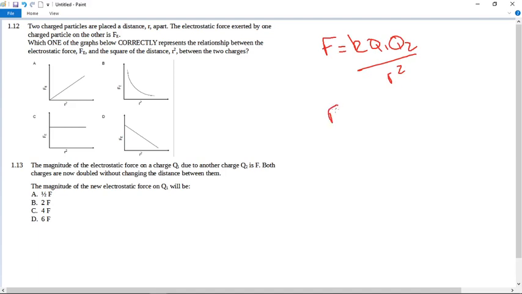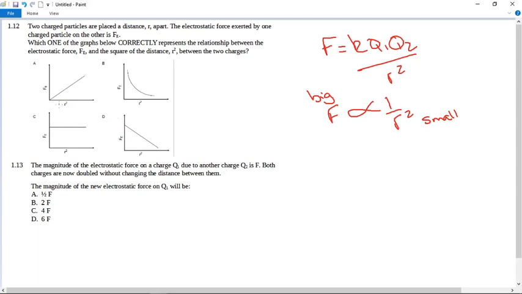So F is inversely proportional to r squared. If F is big, to get a big force, we need a small r squared. The bigger the distance, the smaller the force. The bigger the force, the smaller the distance.